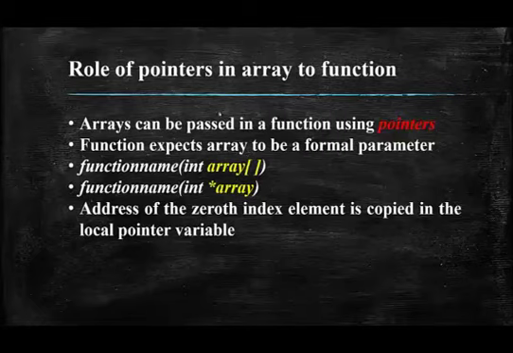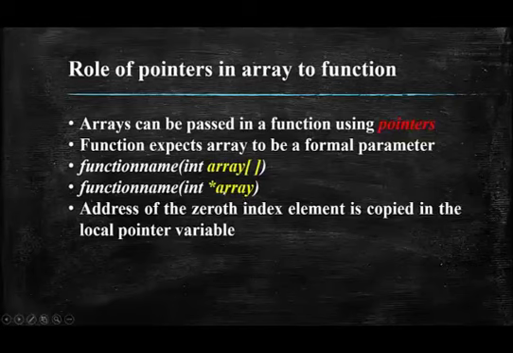So this formal parameter, where you give the array name without the indices, or the name of the array as a pointer, are both the same. Both will map to the address of the first element present inside your array, and this address is accessed by a local pointer variable, which is nothing but your formal parameter.